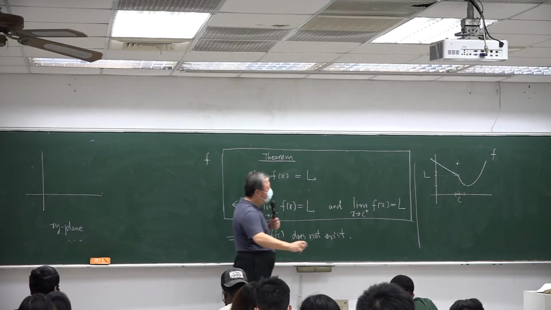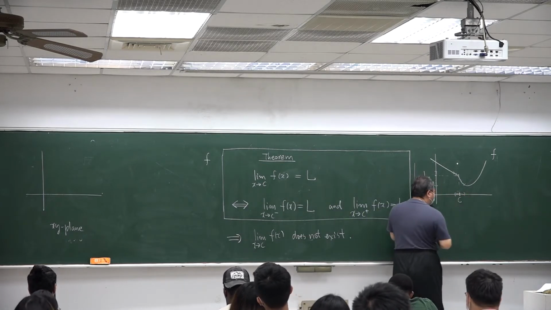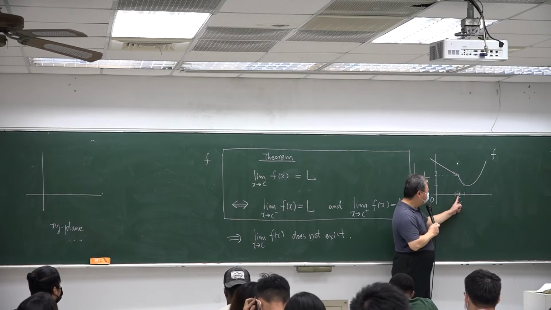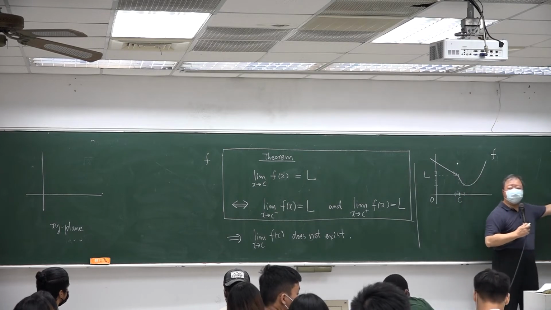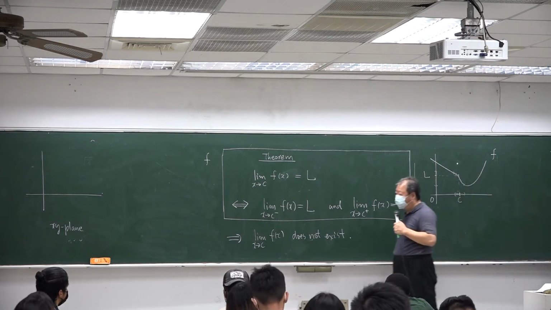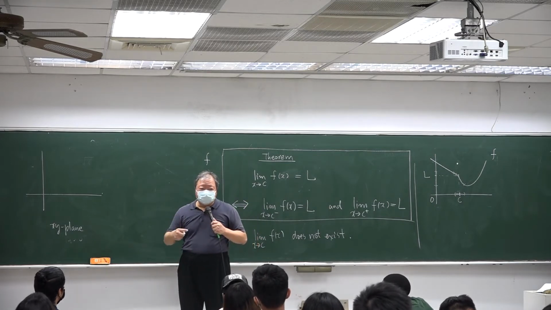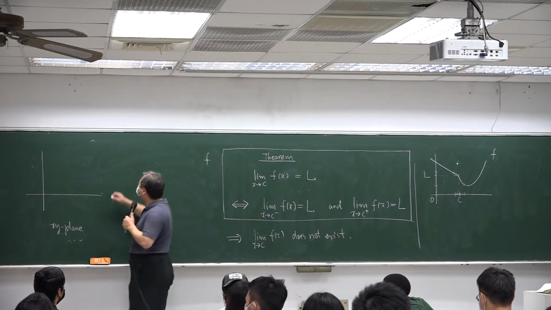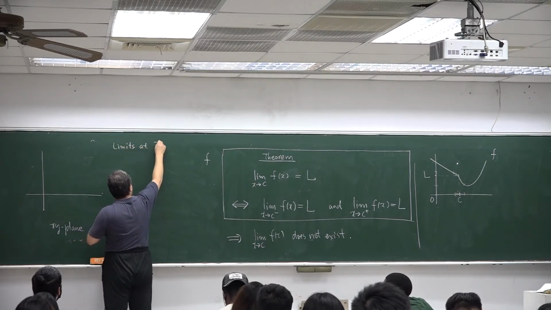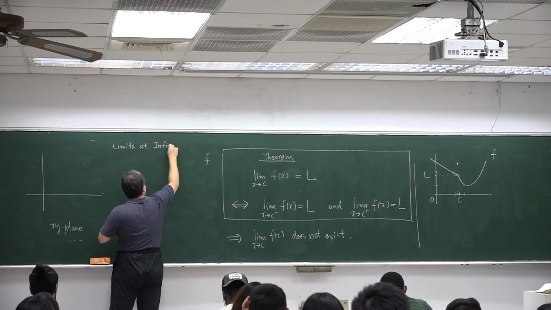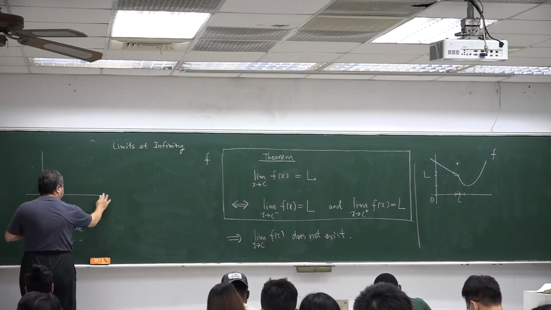Just now we considered C here, a finite position. Suppose C is very far away from the origin. We may consider the limit not at C, but the limit at infinity, not at a finite position.